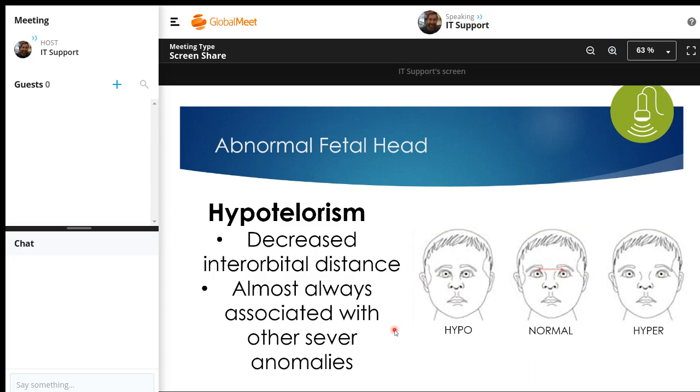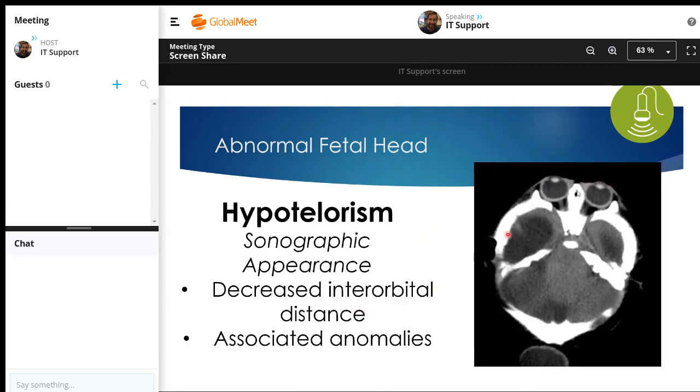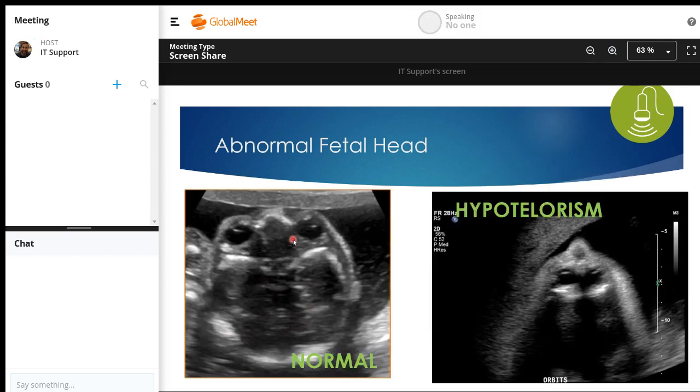So sonographic appearance: decreased intraorbital distance, so the area between the orbits, the measurement crossing the nose, and then those associated anomalies that it's most likely seen with. So we have a normal head here. We're looking at the head in transverse cross section from the top down, so we can see the eyes either side.